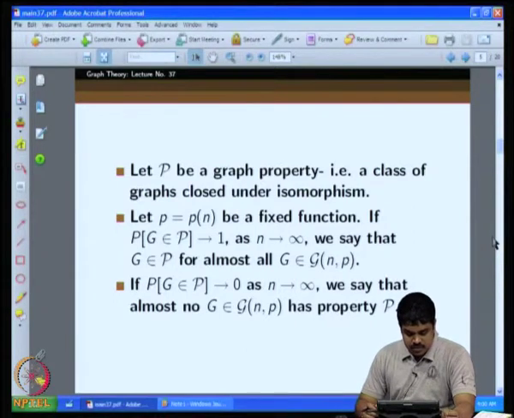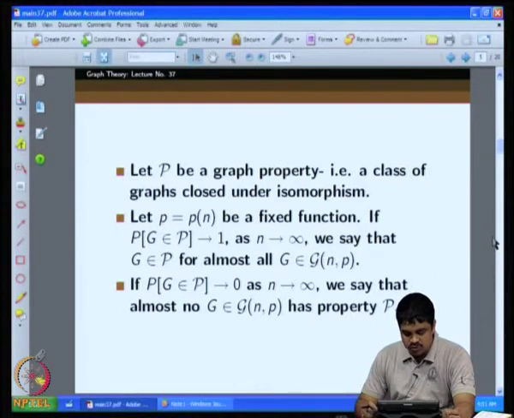And equivalently, the other terminology is also used, namely suppose the probability that G has this property, when a graph is randomly taken from the G(n,p) probability space, tends to 0 as n tends to infinity.